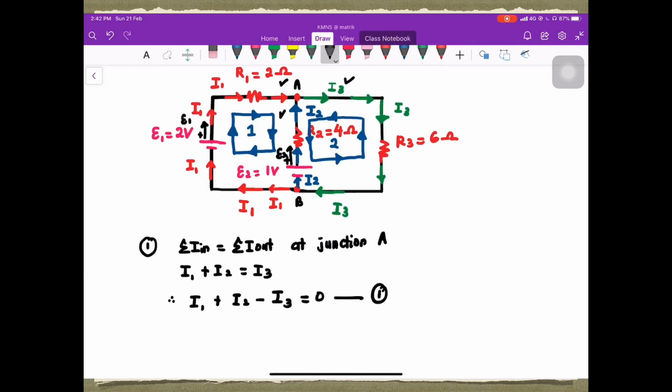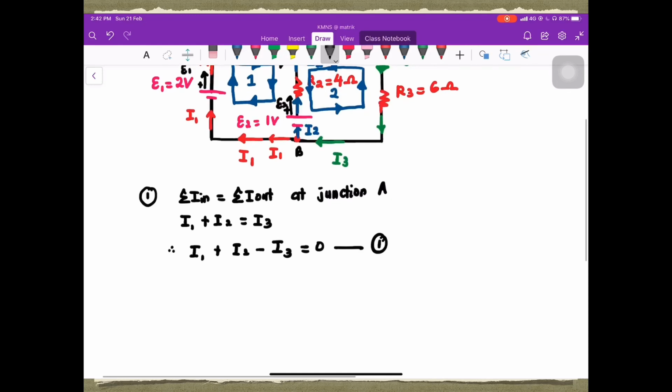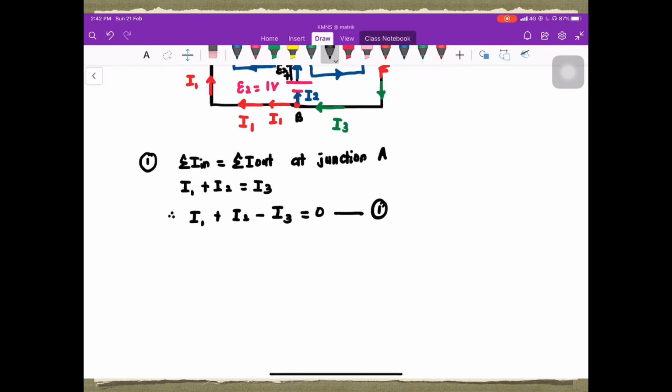Okay, next, we want to apply Kirchhoff's second law: the sum of EMF equals the sum of the product IR. Now we want to focus on loop 1.